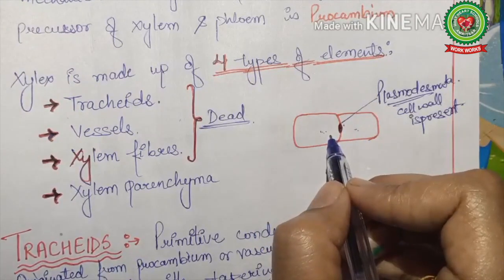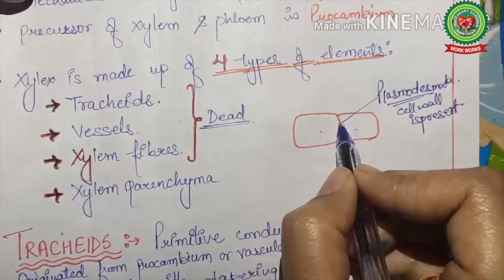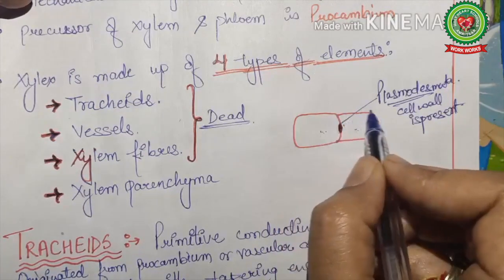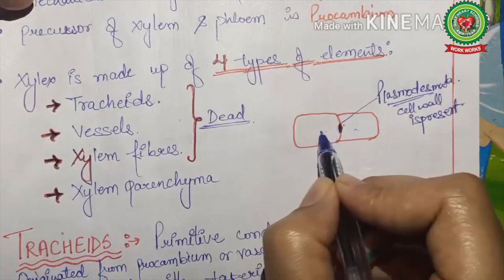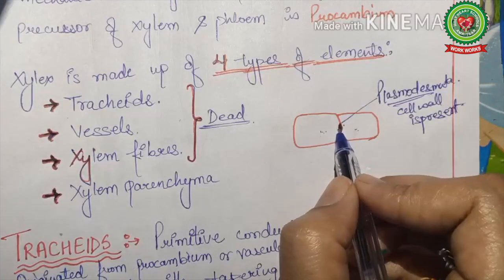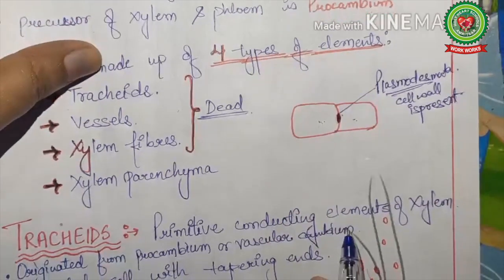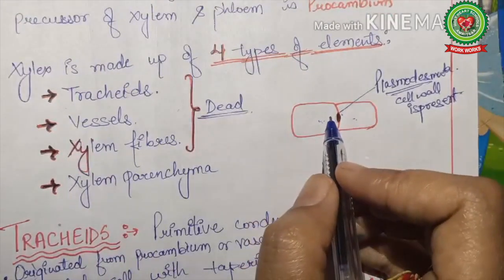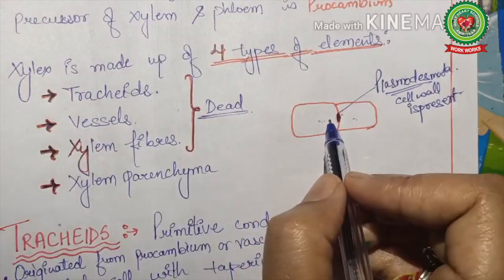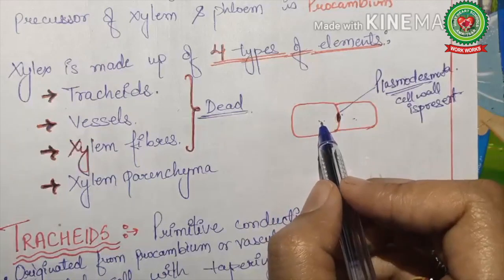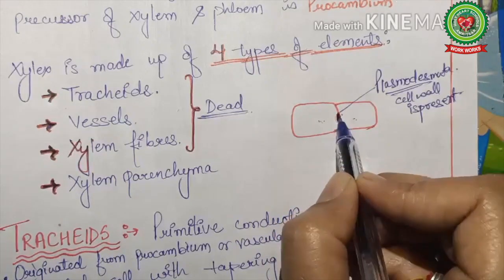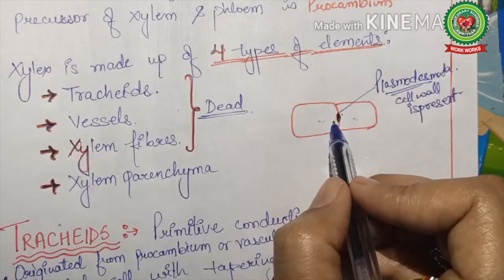But as lignification starts, lignin starts depositing on the cell walls. This interconnection becomes less. At that time two kinds of pits are formed. One is the case in which the primary wall is without any secondary thickening.